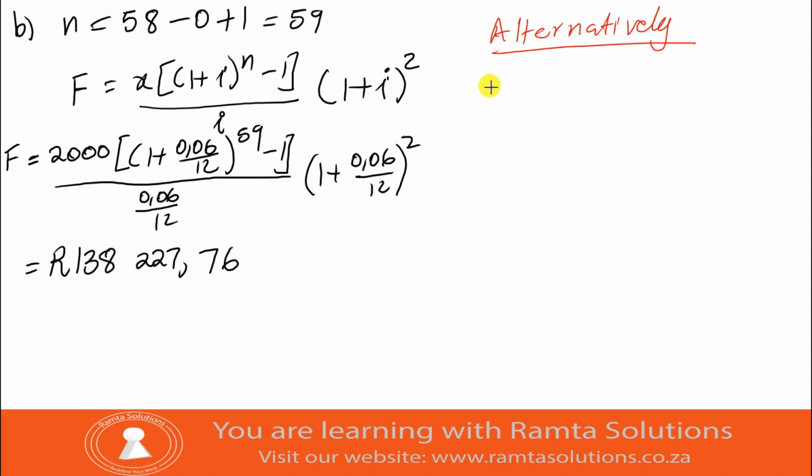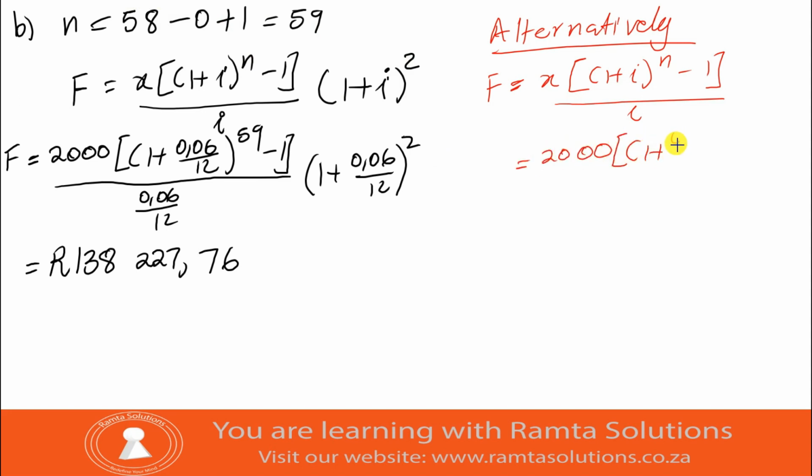Alternatively, you can say F equals X into 1 plus i to the n minus 1, all over i. What is this? This is 2,000 rands into 1 plus 0.06 over 12 to the 59 minus 1, all over 0.06 over 12.